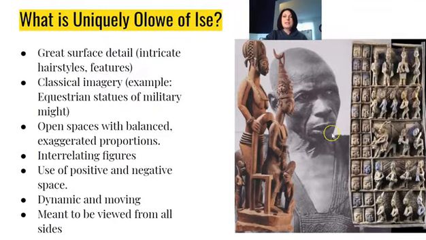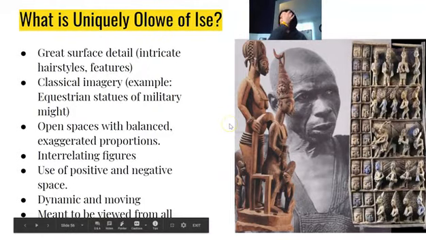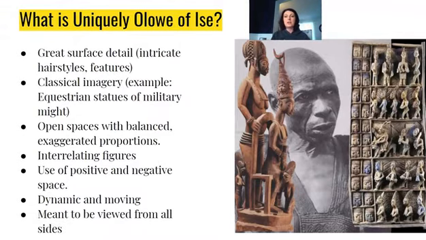So just a couple things that make this identifiable as being Olowe of Ise. Olowe of Ise was very good at working in the round where it was meant to be seen from all angles. He wasn't happy with something just being seen from the front, which is why his works of art work so well for these veranda posts, because you would walk in and then walk around behind them and see them. To him, the negative space was just as important as the positive space.